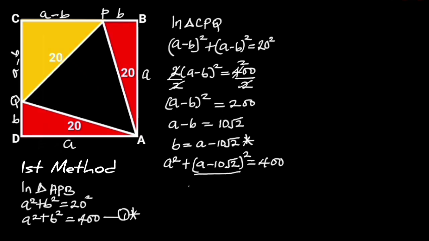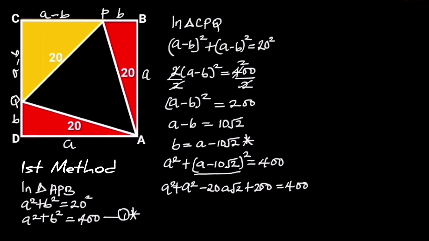Expanding (A minus 10 root 2) squared will give us A squared minus 20A root 2 plus 200. It follows that A squared plus A squared minus 20A root 2 plus 200 is equal to 400.